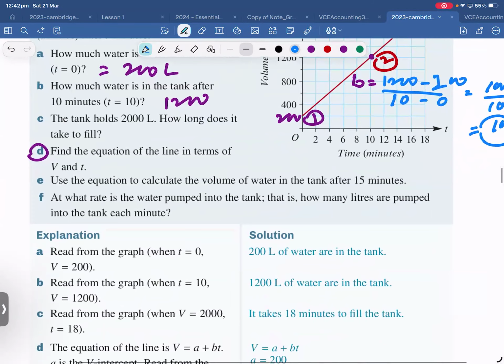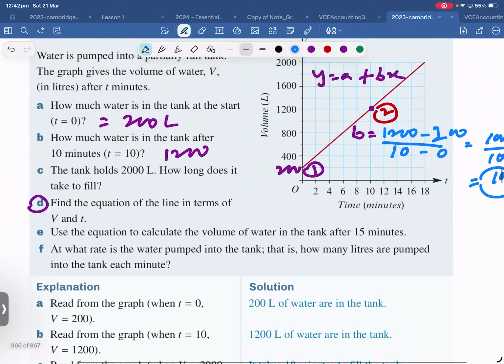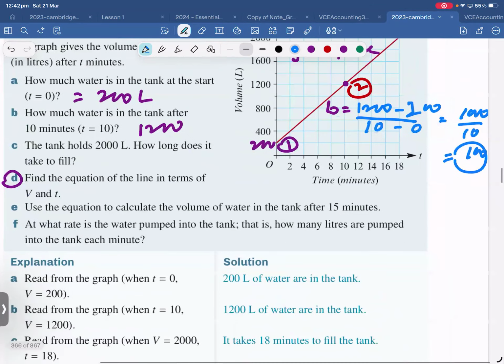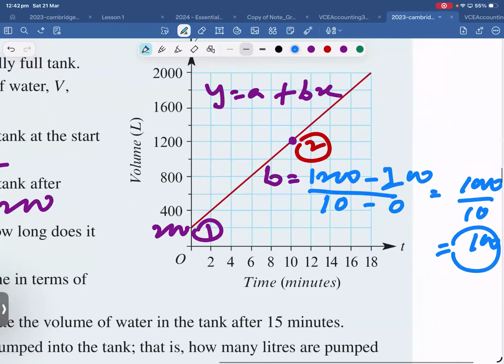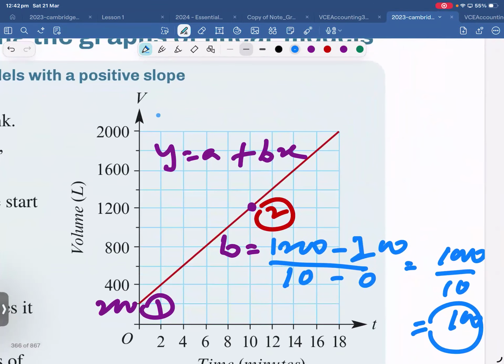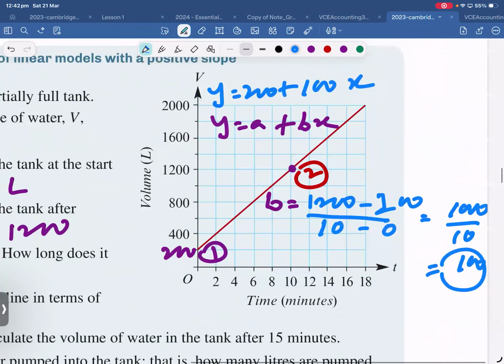Then use the equation to calculate the volume of the water in the tank after 15 minutes. Now we have found the equation. Our equation is going to be y equals 200 plus 100 times x. So after 15 minutes, what do we do?